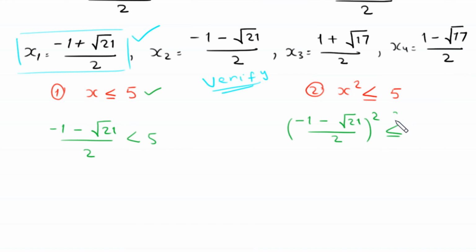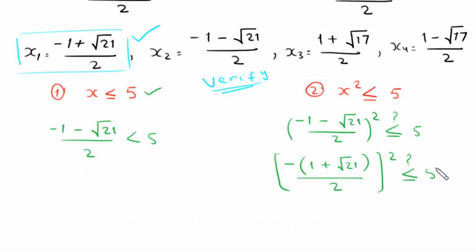Is it less than or equal to 5? Now from this numerator we can factor out negative sign as common, and in bracket we are left with 1 plus root 21 divided by 2 whole squared. Is it less than or equal to 5?